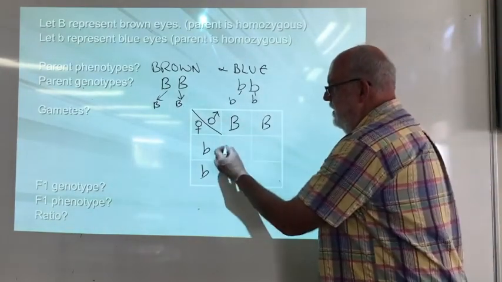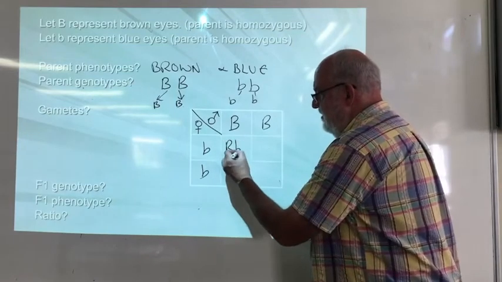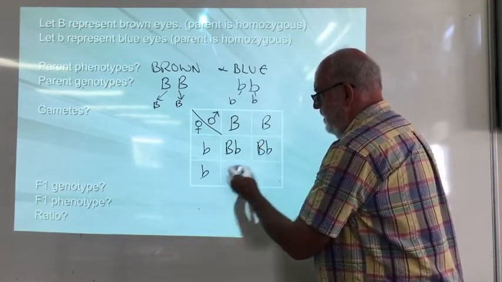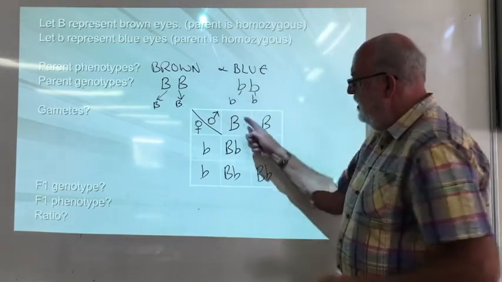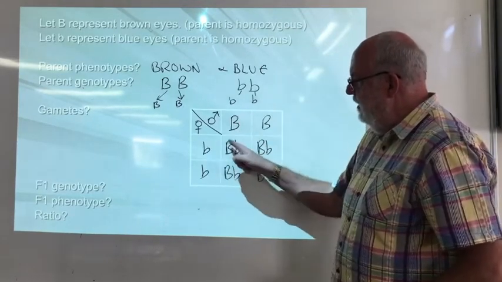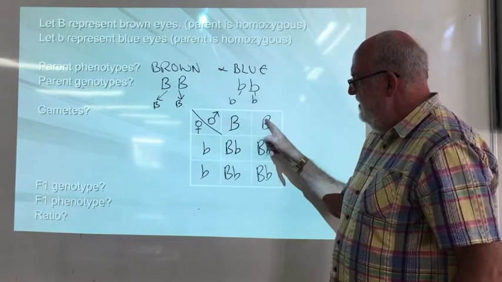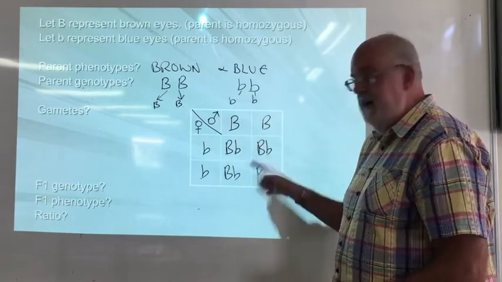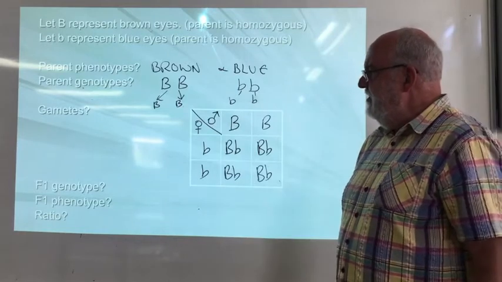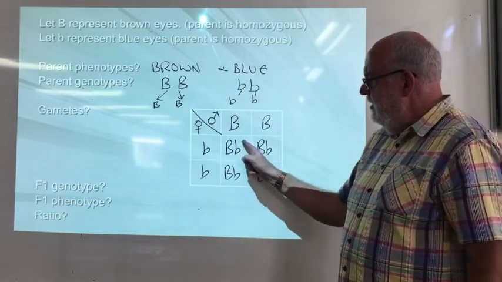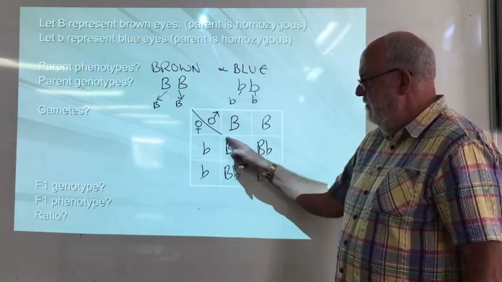So you get that. So that allele and that allele goes to there, that allele and that allele goes to there, and so on. Now the genotype is that.